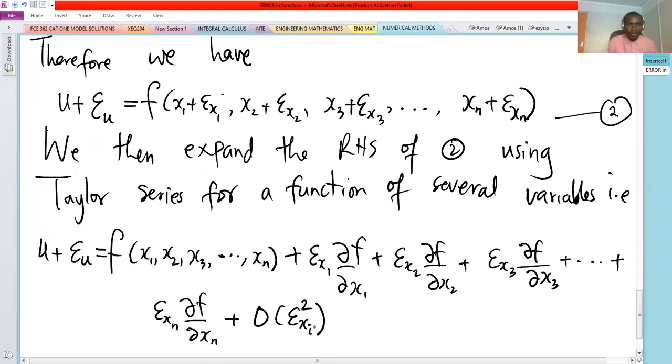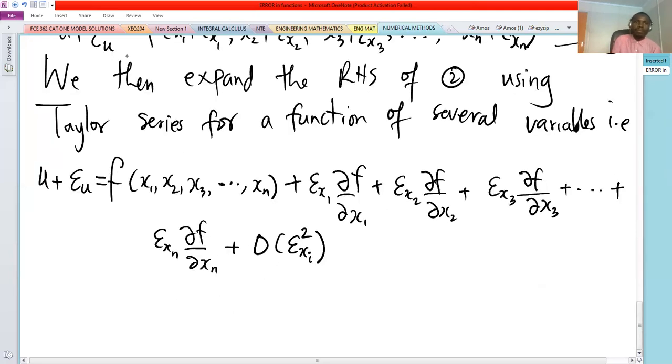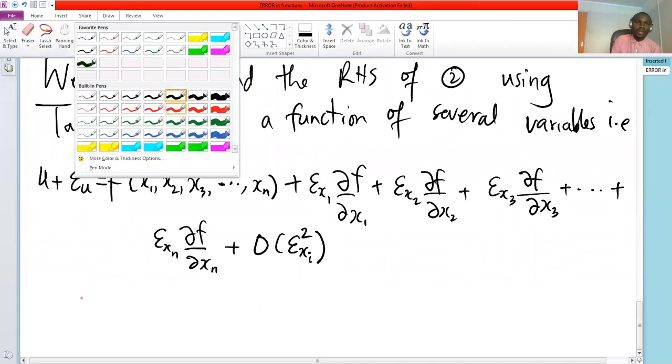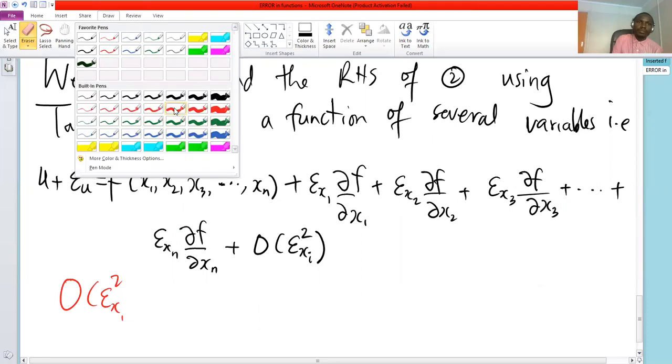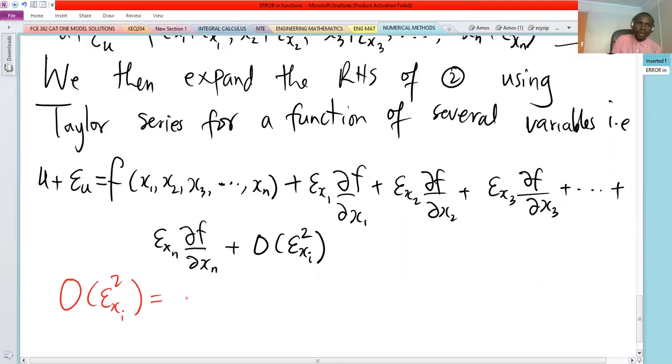in error of xi, where i is 1 to n. So remember, just to make things clear, this means higher order terms in these error terms, higher order terms in errors, and then i is from 1, 2, 3, up to n.